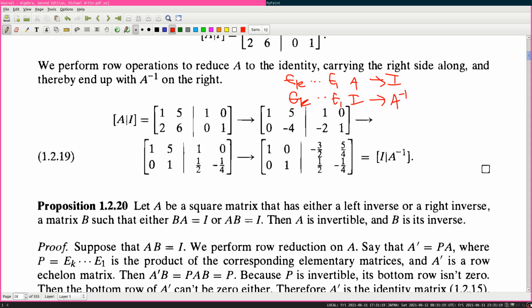Let's continue reading. One second. Let me read this silently. That's a definition of inverse.